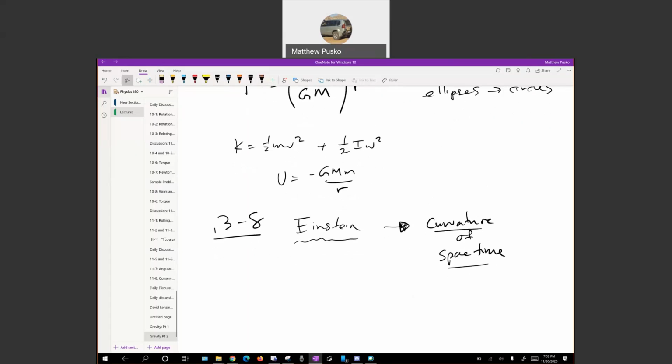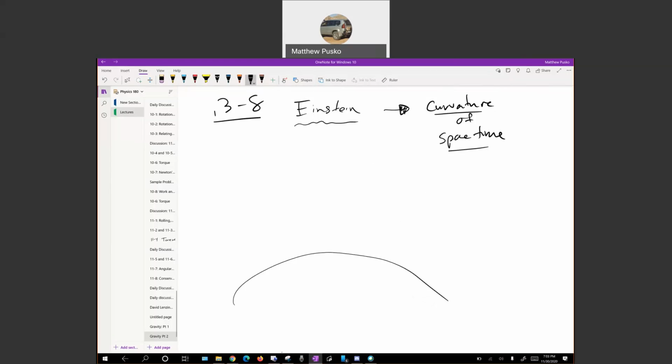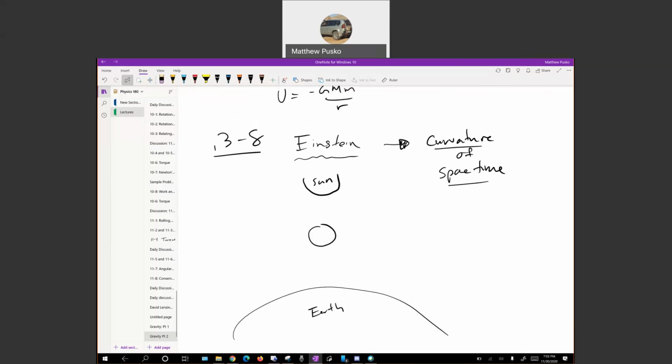Oh, I guess there's a really cool example. So Einstein actually said, okay, we're going to have an eclipse someday. Here's Earth. And the moon is going to be blocking what we can see of the sun.